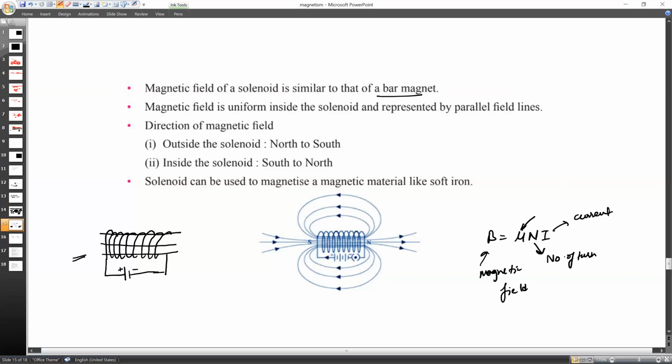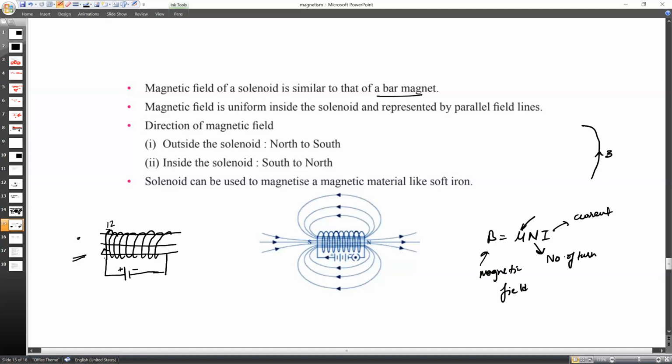So when you see from this side, you will find that the current is coming like this and it is going behind the bar magnet. So you will find that it is going anti-clockwise. It will be 3, and then it will go to 12, and then it will go behind, that is 9.